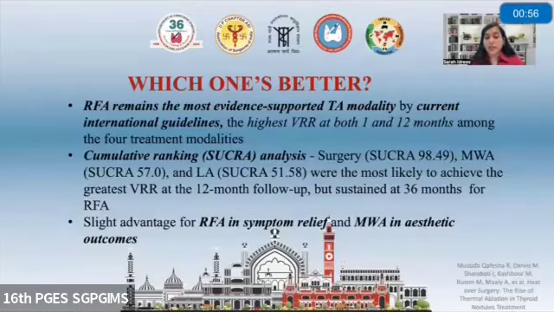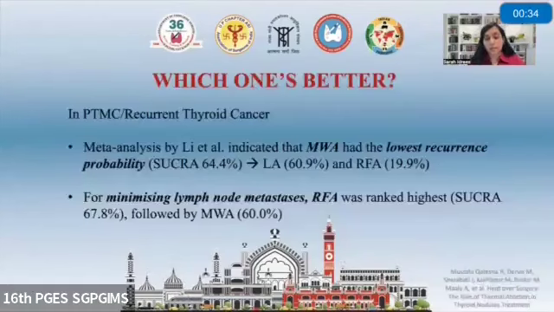A cumulative ranking analysis was done for all the procedures that are done for thyroid nodules, and it was seen that at 12 months, radiofrequency ablation had the highest VRR, which was sustained up to 36 months. So RFA had a slight advantage in symptom relief, and microwave had a slight advantage in aesthetic outcomes.